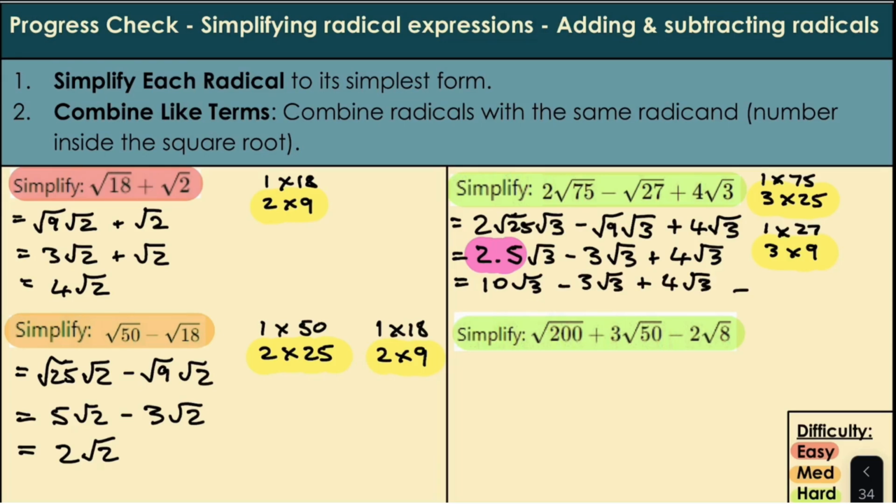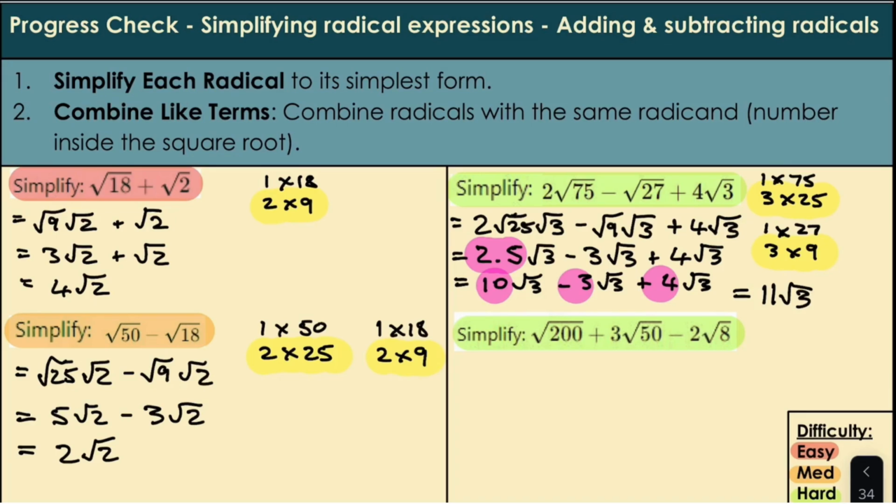Working to the right here. Now I simply look at the coefficients. 10 groups of root 3 minus 3, that is 7, plus 4, that is 11 groups of root 3. And that is my final answer.